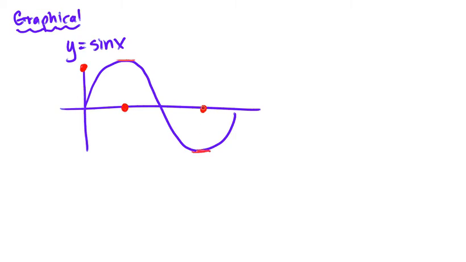Here, the tangent slope is negative 1, and here it returns to positive 1. It is decreasing through here, then it starts increasing again. And I have a cosine graph as my derivative graph to the sine graph.